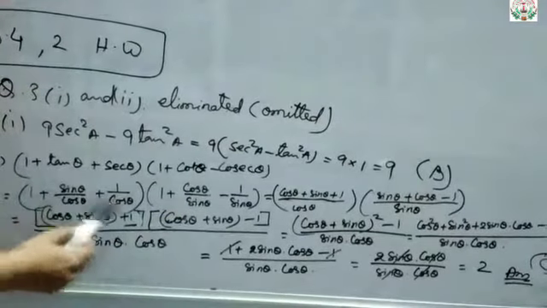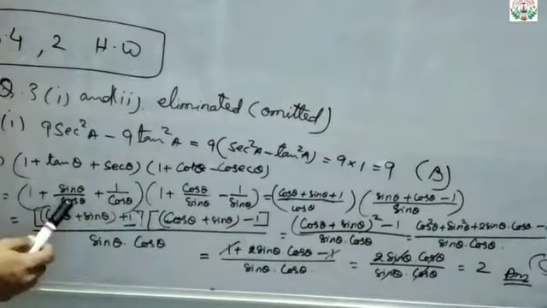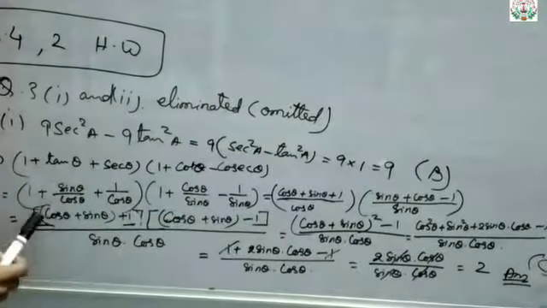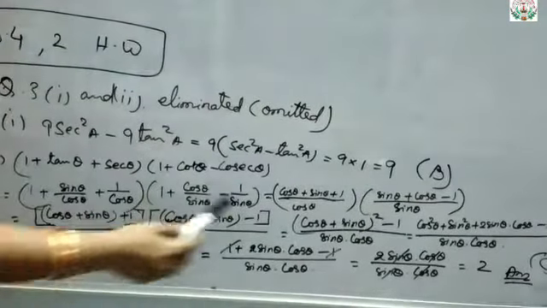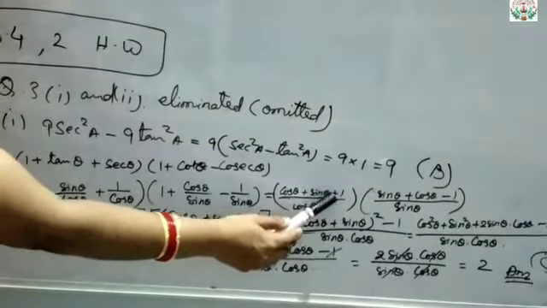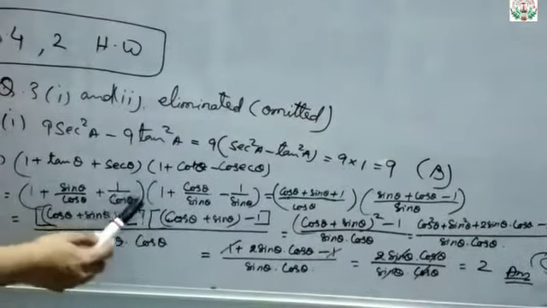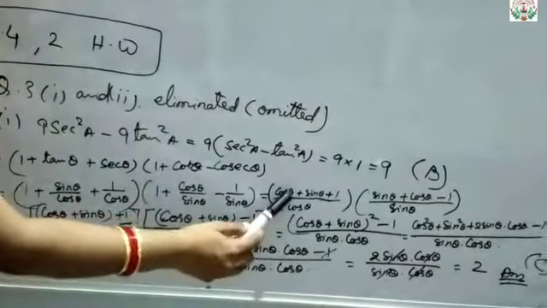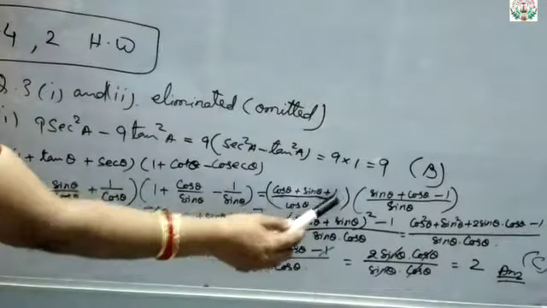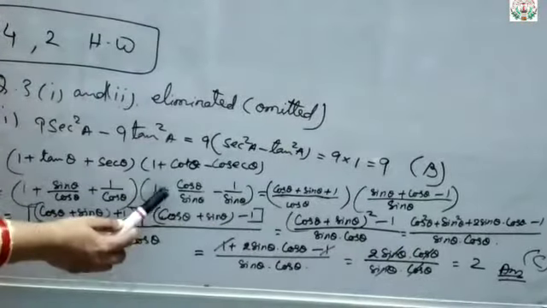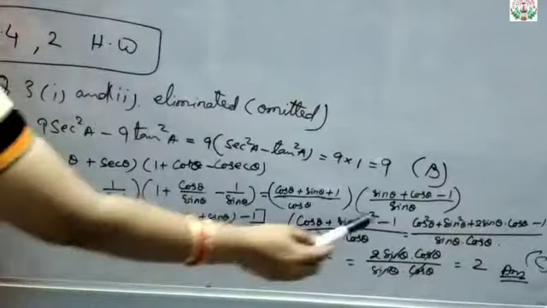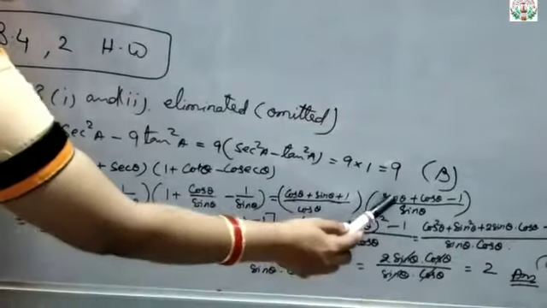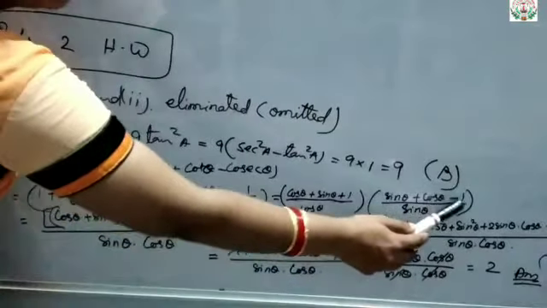Now take the LCM of this one. What is that? Cos theta. So here it will be cos theta plus sin theta plus 1 upon cos theta, and this will be, taking LCM as sin theta, sin theta plus cos theta minus 1.